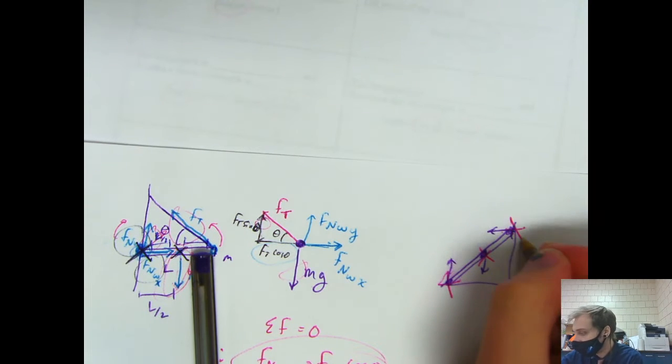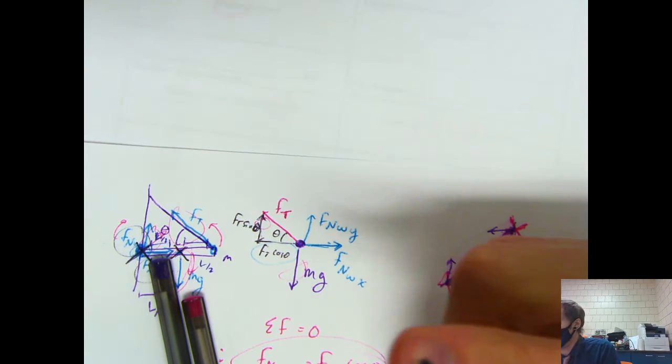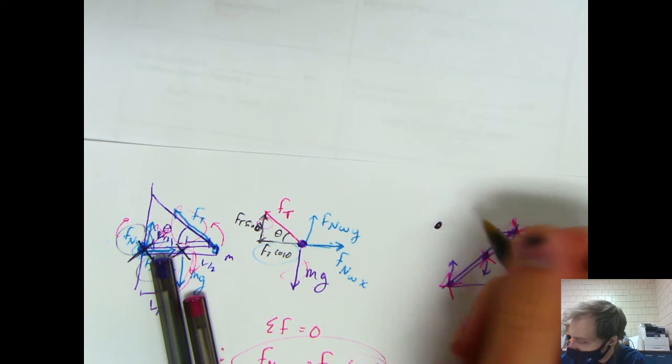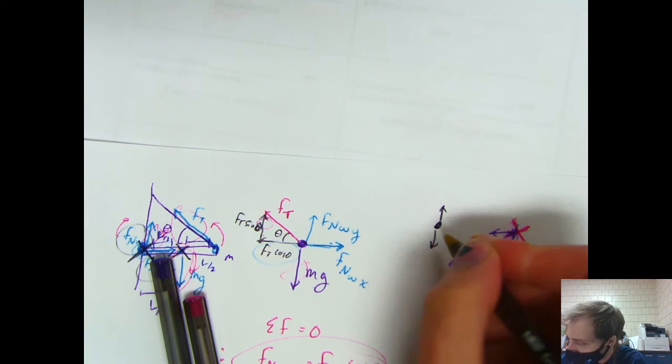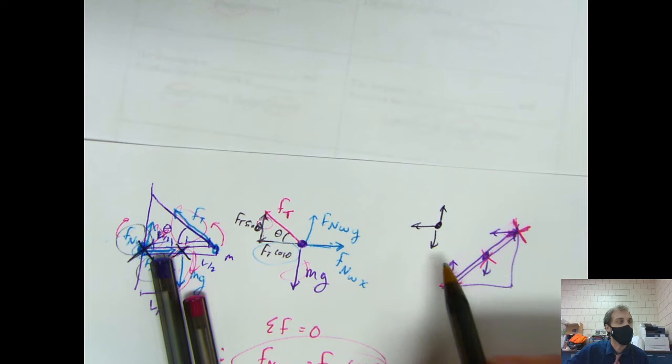If I put the pivot here, gravity is trying to get it to go up, this one's trying to get it to go down, they could conceivably cancel, great. The problem comes in with the sizes. If you think about Newton's second law for this one, we've got up, we've got down, we've got left. Could this possibly be balanced?